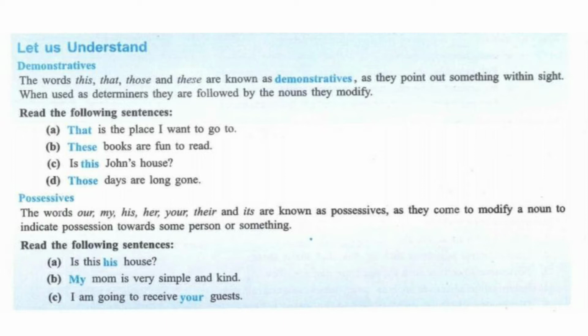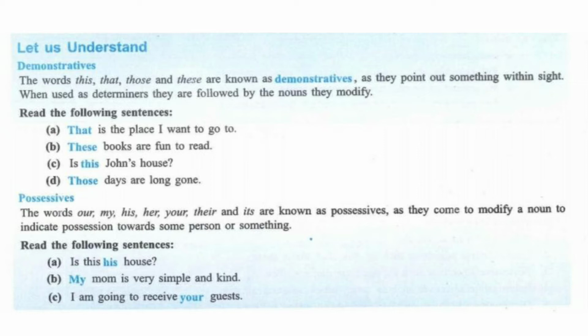So now if we read the sentences: Is this his house? My mom is very simple and kind. I am going to receive your guest. So here these are possessive determiners like his house, my mom, your guests. So this is how the determiners are used before the noun.